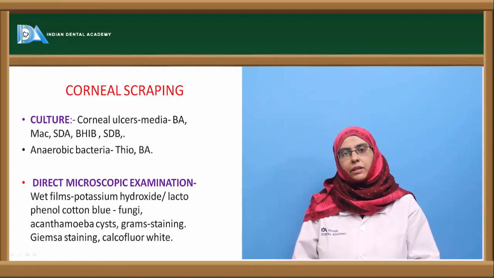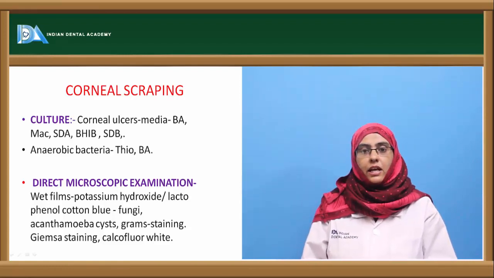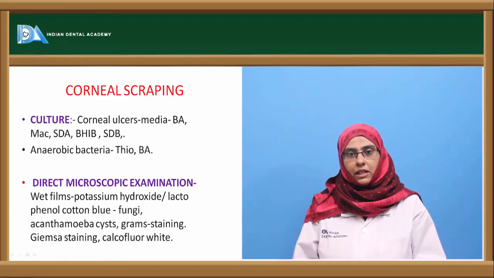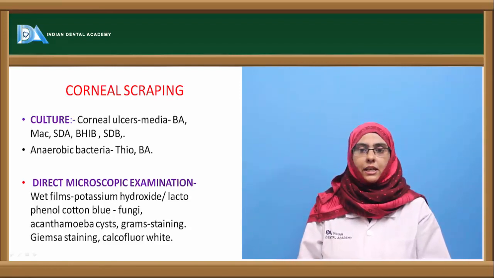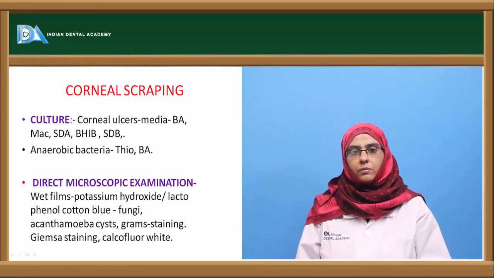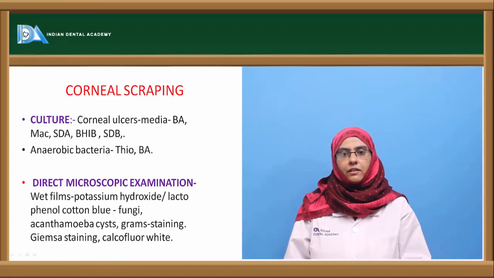In the direct microscopic examination, you can go for wet films, usually because fungal organisms are associated with the corneal scraping. We can go for potassium hydroxide or lactophenol cotton blue staining technique to identify the fungi.